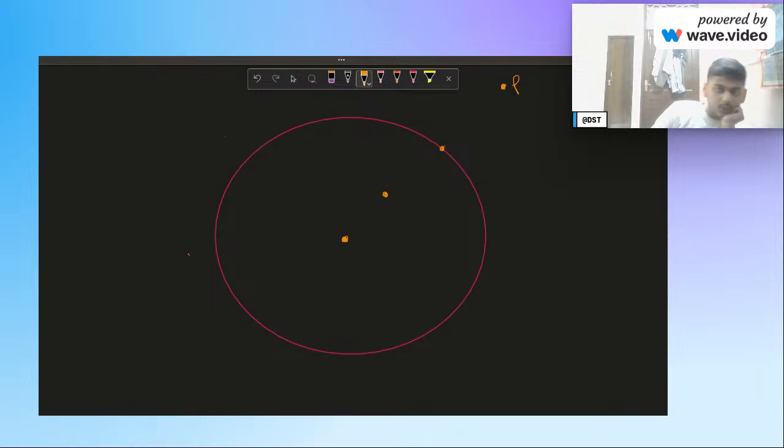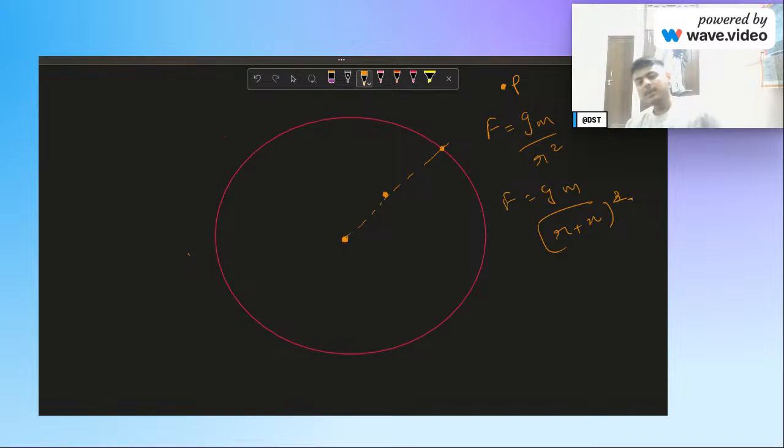Now, for P outside and P on surface, we can concentrate this whole sphere into a point mass here. So that will give the formula F is equal to GM over R square for surface, and F is equal to GM over (R plus x) whole square for any point outside.